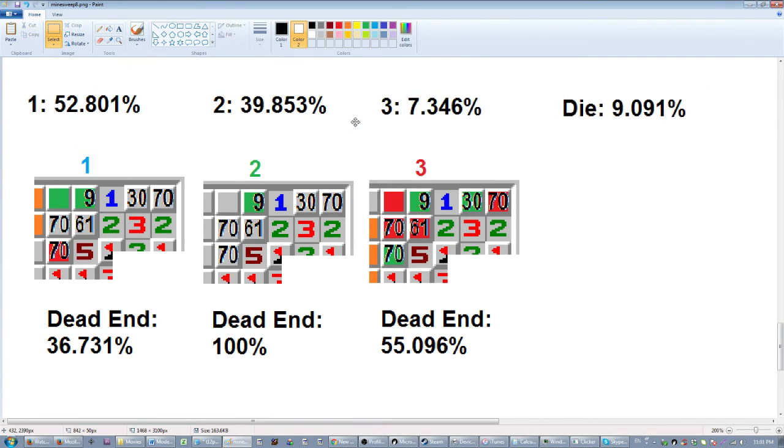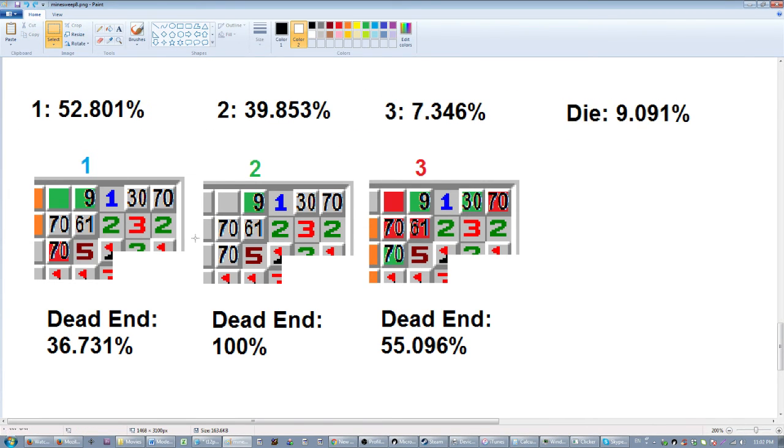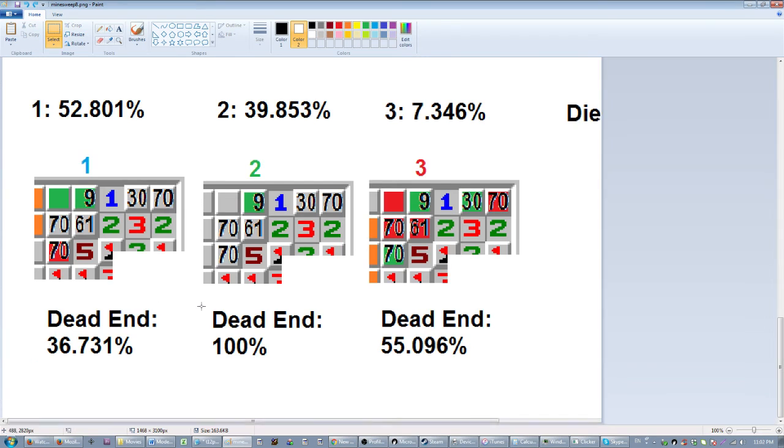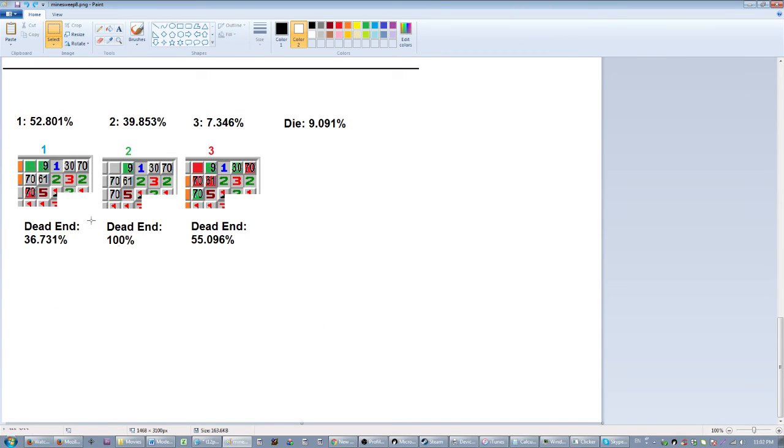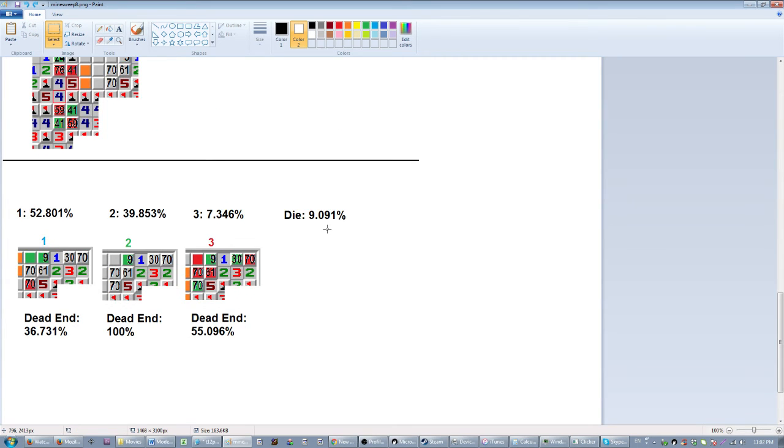So this totals to 100% right here, and among each of them you get like 100%, 55, 37.6. If you multiply this by this, and this, and you add it all together, right? Then you'll get the total dead end chance, which I didn't calculate, so you can do that for yourself.